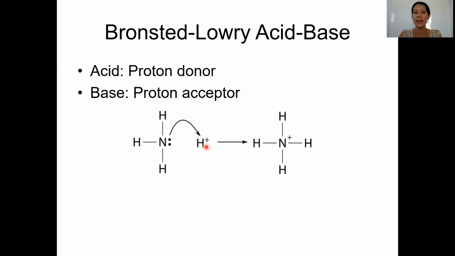So say an acid gives up an H+, this N that has a lone pair here, a lone pair is just two electrons that aren't bonded to anything, it'll want to grab on to the H+, just like what we saw when water grabbed the H+ to form the hydronium ion. And in this case, you form ammonium cation, which you've already seen.